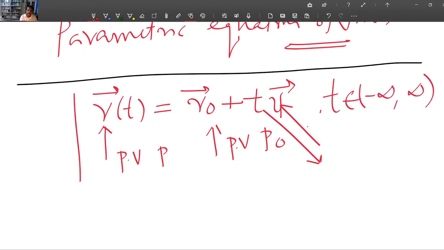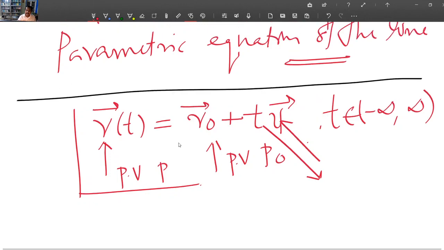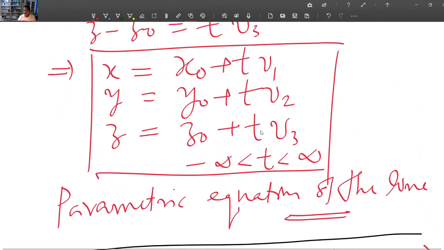So this is your vector equation of the line, and you have the parametric equation of the line.